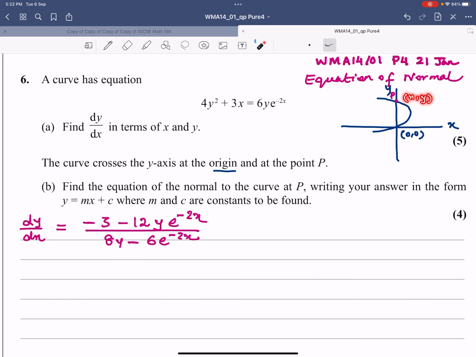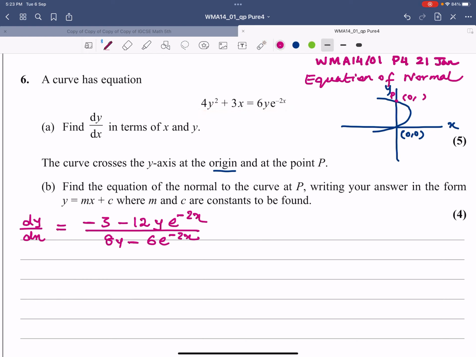Now we know that the x coordinate of the point P is 0. So let's write that x coordinate of the point P is 0, but we do not know what the y coordinate is. So we need to find the y coordinate. Now how can we find the y coordinate? We can use the equation of the curve, and by substituting x is equal to 0, because we know that the point has the x coordinate as 0, we can find the corresponding y coordinate.